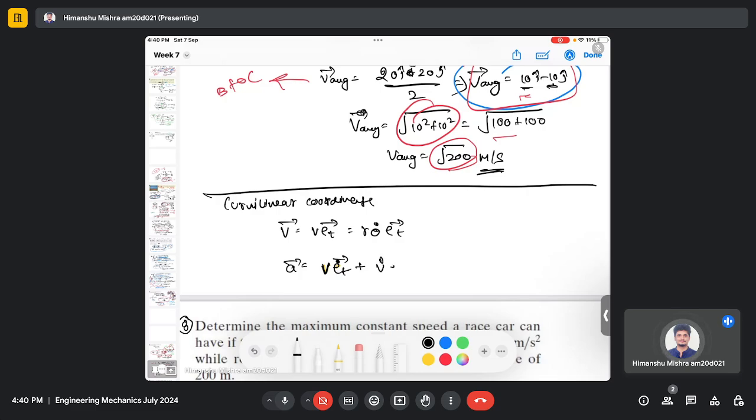So here you can see the e to the power t, which is the basis of the coordinate system, is also changing.